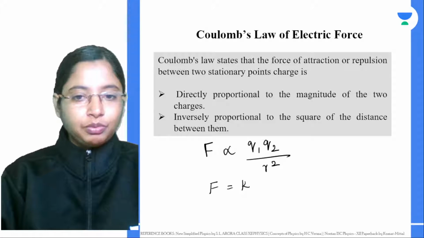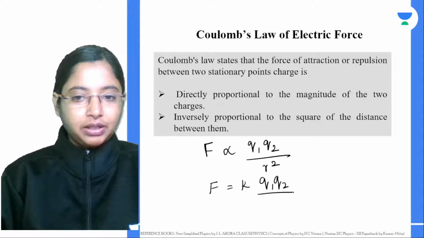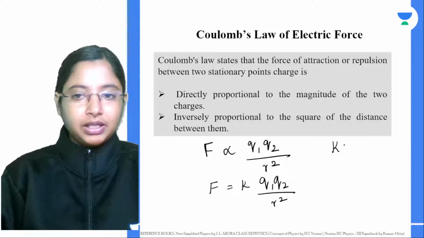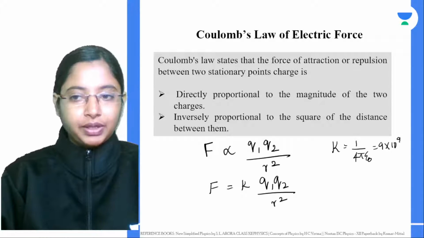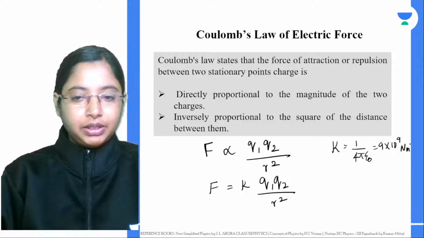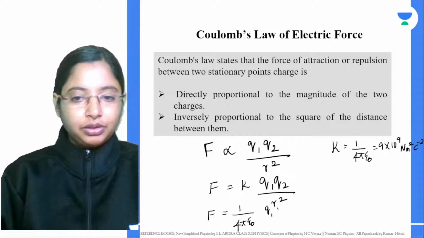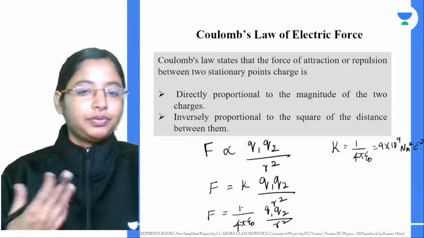To remove the proportionality constant, you introduce the constant k, so that F = k q1 q2 divided by r squared, where k is 1 by 4 pi epsilon naught, which is 9 into 10 to the power of 9, in units of Newton meter square per coulomb square. F is given in Newtons.